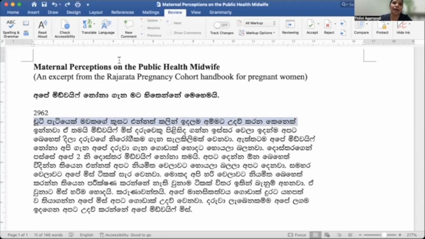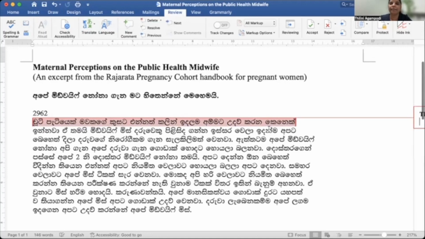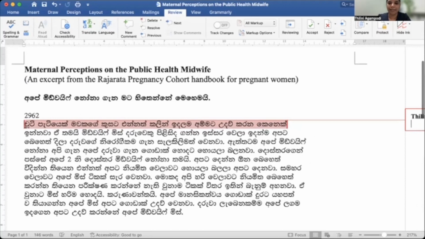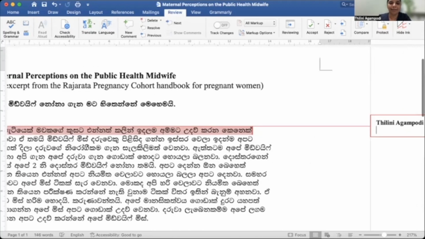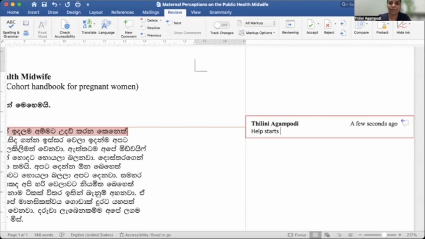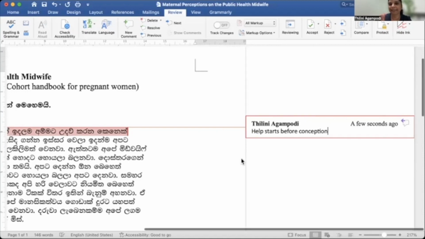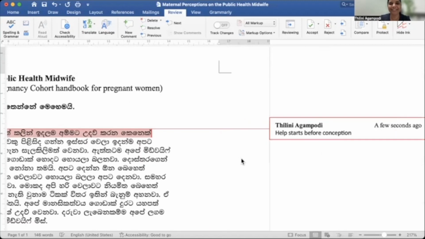So you highlight it, put a comment and label it: helps, starts before conception. That would be your label. You need not worry too much about how you name the label initially. Of course, you can go through the labels later and refine them with good words.